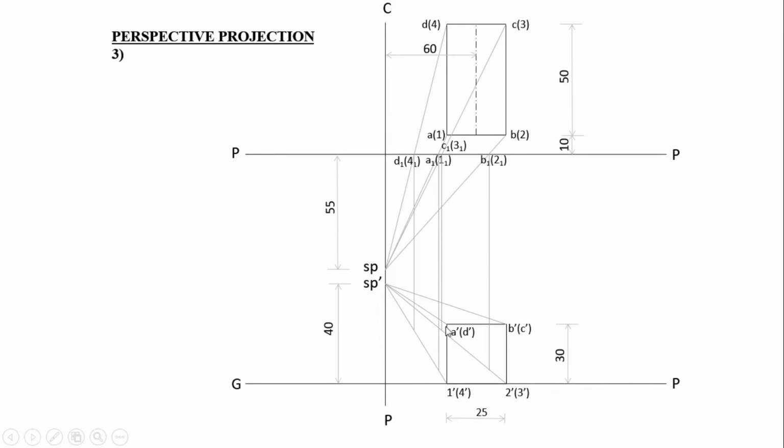So this vertical line from D1 should intersect with the visual ray from D dash to SP dash. Then correspondingly, from the point 4 1 it should intersect with the visual ray from 4 dash to SP dash. So that 2 points we obtain in the same vertical line.